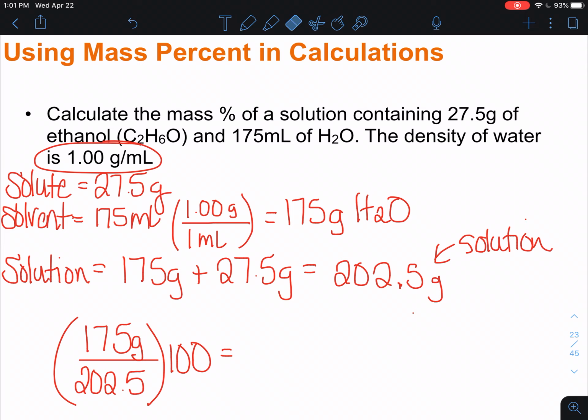I'm sorry. That makes a lot more sense now. 27.5. So 27.5 divided by 202.5 multiplied by 100.